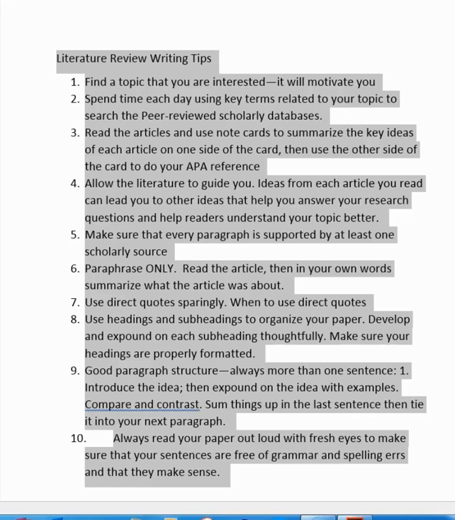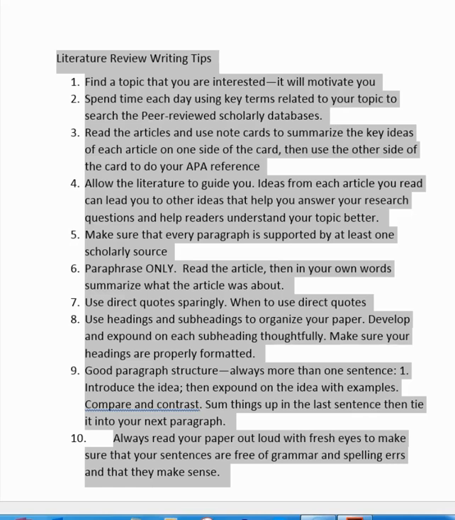Number 9, good paragraph structure. Always more than one sentence. The first sentence should introduce the idea. Then the second and third sentences should expound on the idea with examples, compare and contrast. Sum things up in the last sentence, then tie it into your next paragraph. I like to use the analogy of a sandwich. The top piece of bread is your introduction in your paragraph.